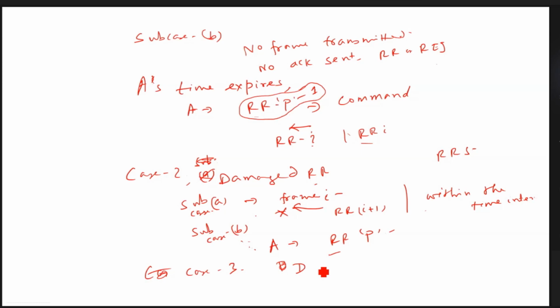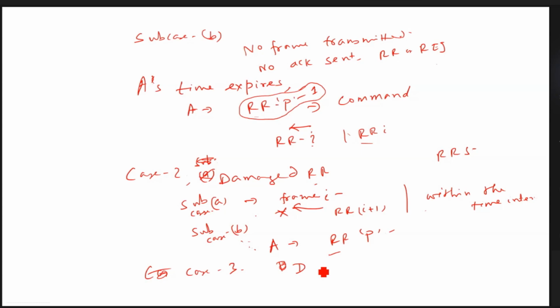But see carefully what B will see. B will see that frame 4 was not received, but frame 5 and frame 6 have arrived.